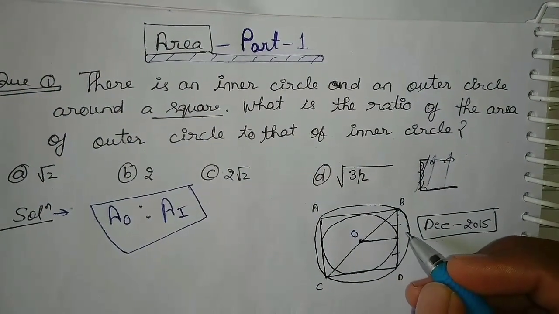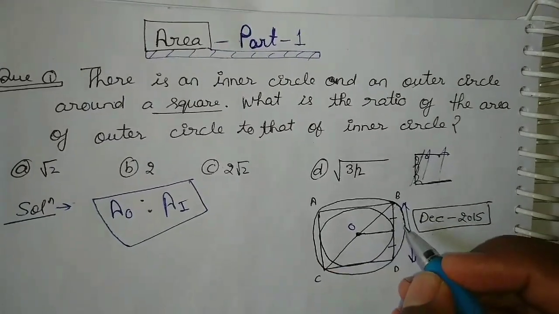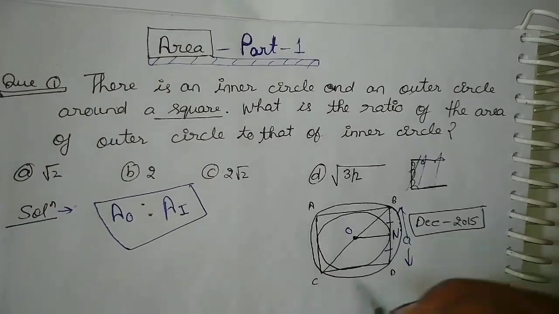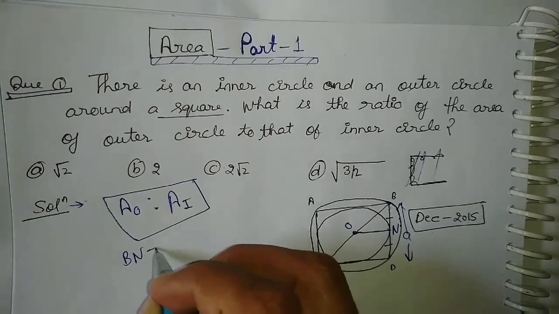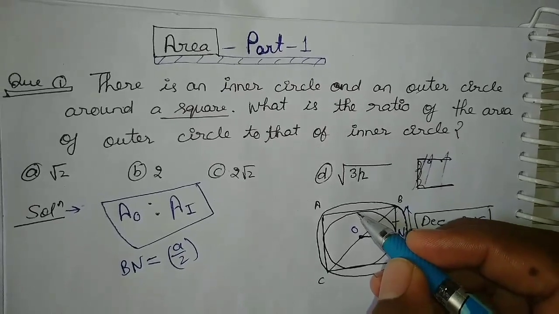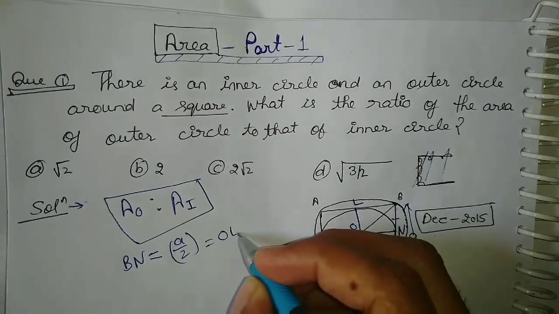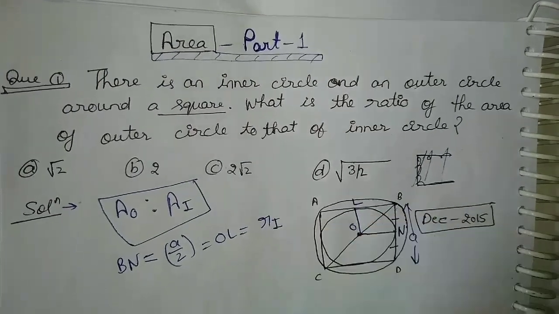If we suppose the side of the square is A, and this is N, then BN is just A by 2, and this BN is nothing but equal to OL, and OL is the radius of the inner circle.